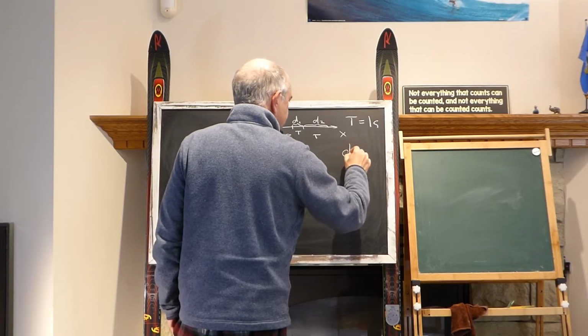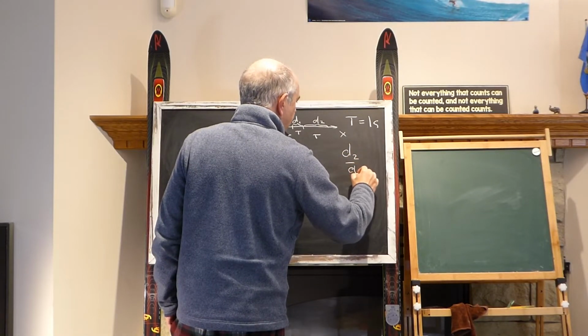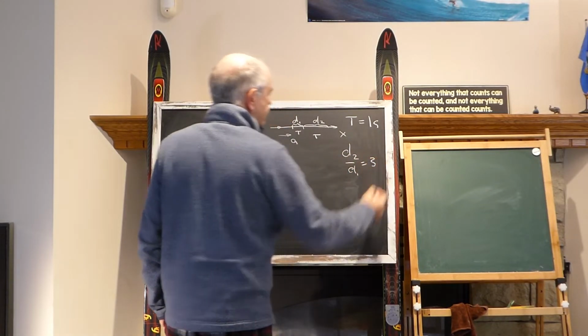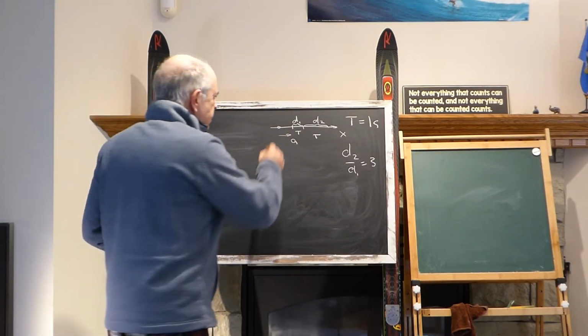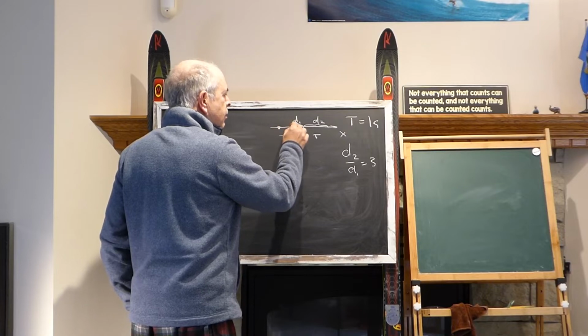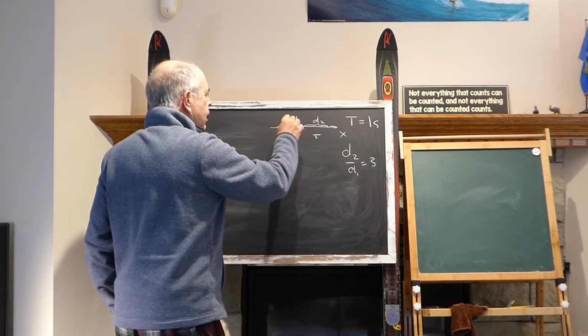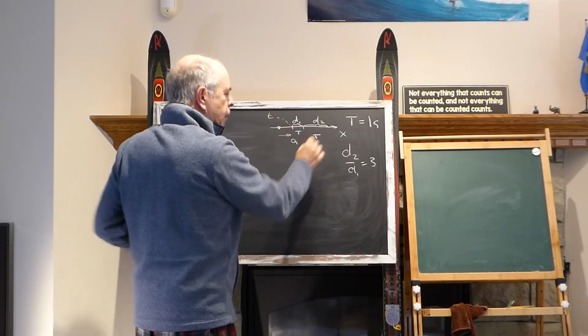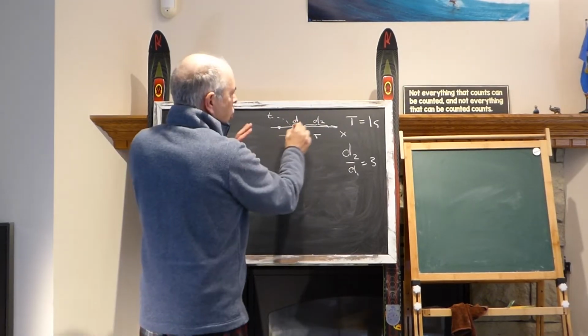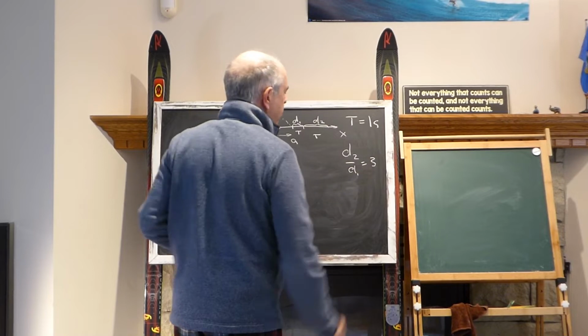And they tell us that d2 over d1 equals 3. It starts here, but they ask us at what moment in time t should we observe this, so d2 over d1 would be 3.